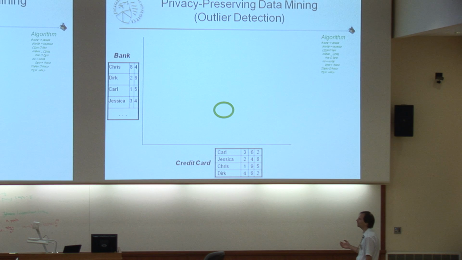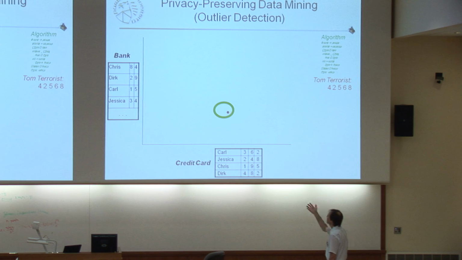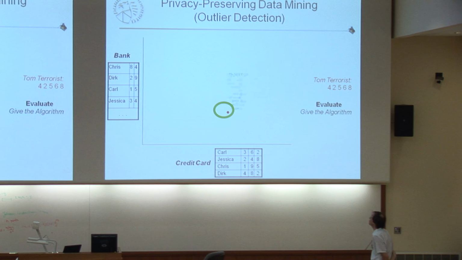They want to find out how many people are really in that region. They've got some known terrorist that's in that region, but are all these other people in that region or not? All they'd like to do is take the data and look at it and say, are these people in the region? So one approach would be, let's give the algorithm to the banks and the credit card agencies.